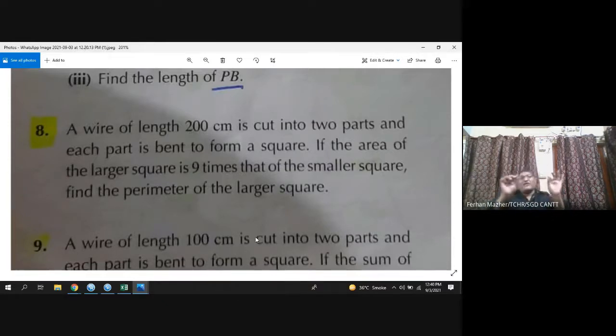So if the total length was x and I made four sides for a square, each side will be x by 4. The other wire, which is 200 minus x, when I bend it to form a square, you have made four equal sides out of that length of the wire. So each side will be 200 minus x, the whole thing divided by 4.